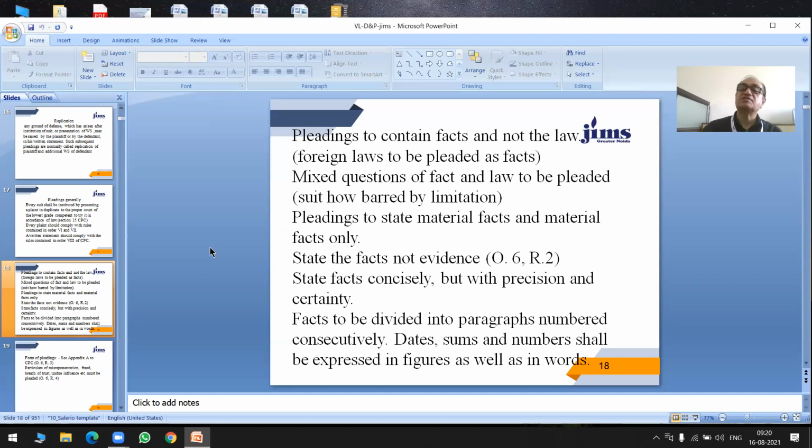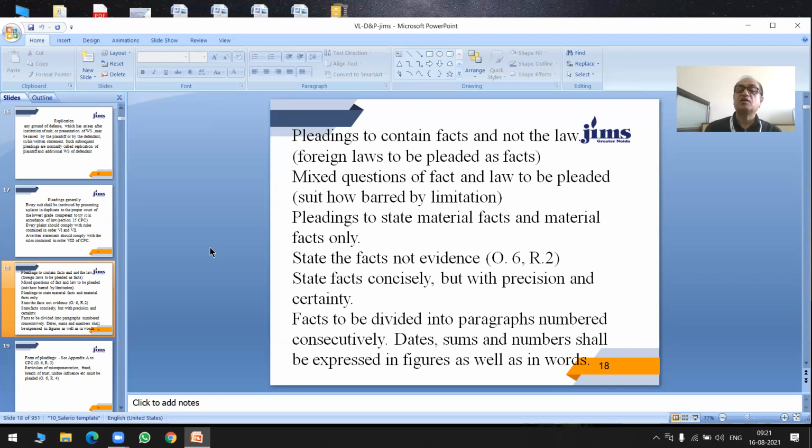And dear students, the next rule of pleading is that you should state the facts and not the evidence. This is the mandate of Order 6, Rule 2 CPC, that you are to draft facts of the case and not the evidence. Because evidence has to be produced in the court later on. So state your material facts concisely, with precision and certainty.